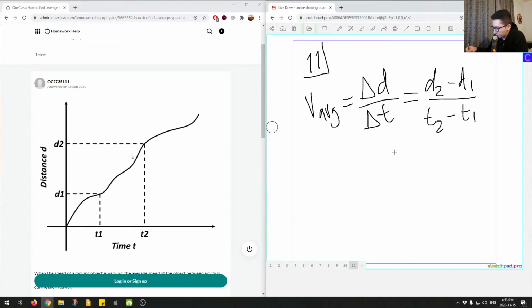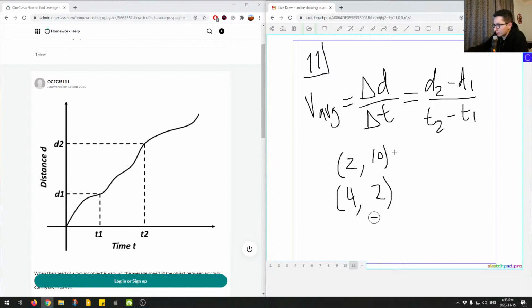Actually, let me give you some points here. Let's say point 1 is 2 and 10, and then point 2 is 4 and 2. Does that make sense?